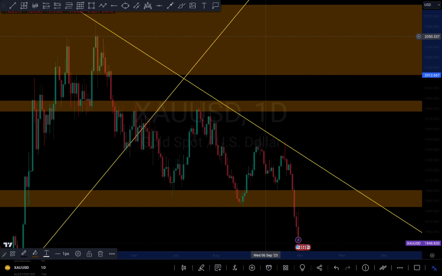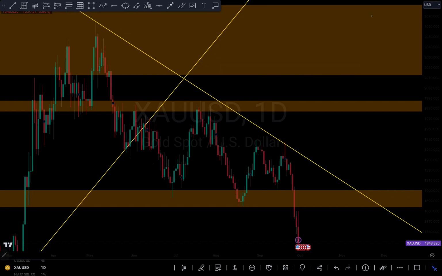Another confluence that I see again right around here is I see the M pattern around that zone. So let me put it together. The first one is rejection of the zone. That's one confluence.